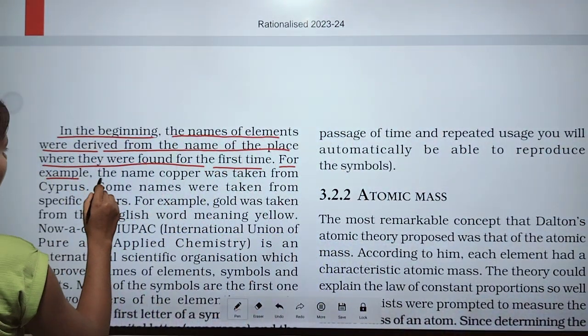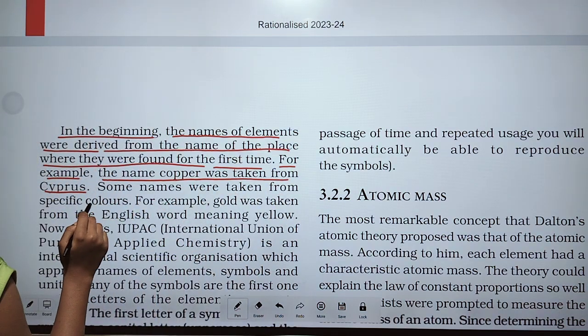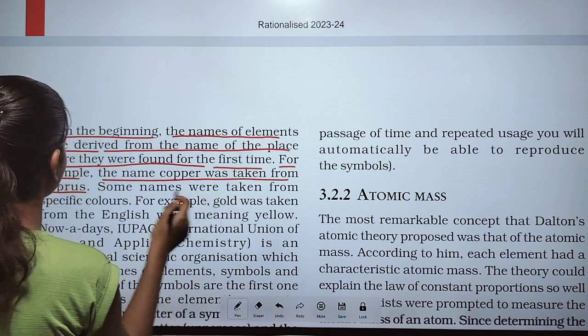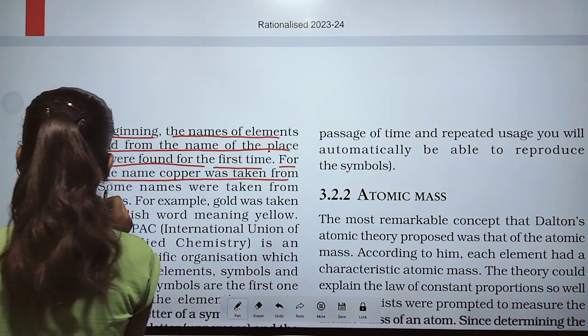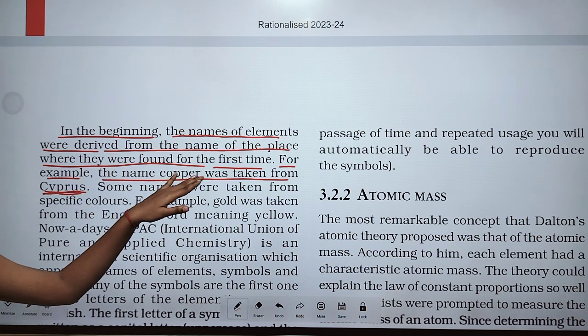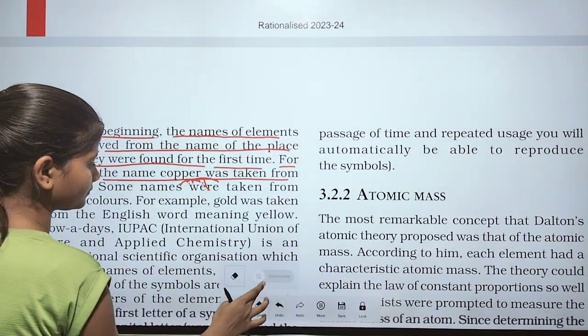For example, the name of copper was taken from Cyprus. It is the name of a place where it was first found.